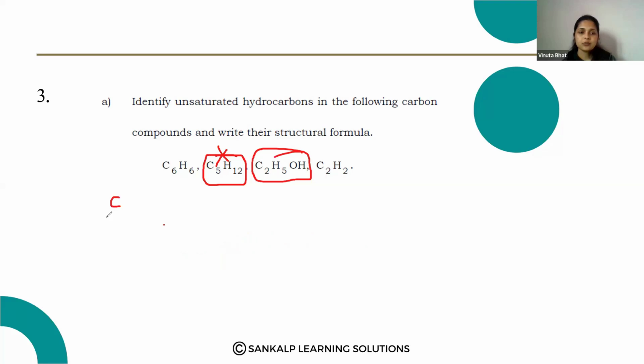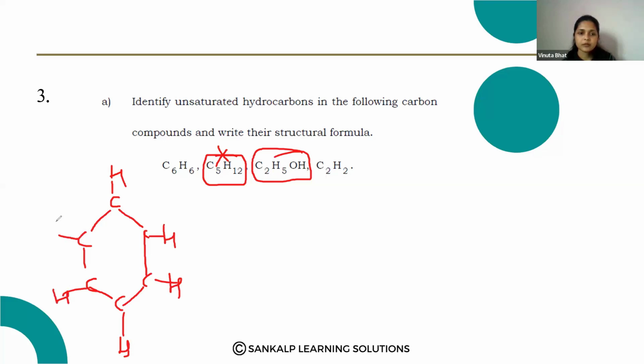Benzene has 6 carbon atoms and 6 hydrogens, then double bonds.